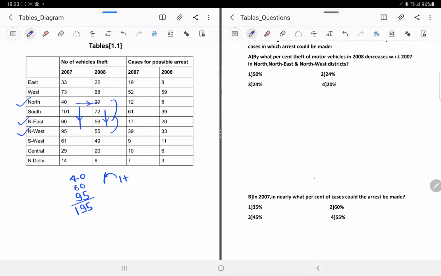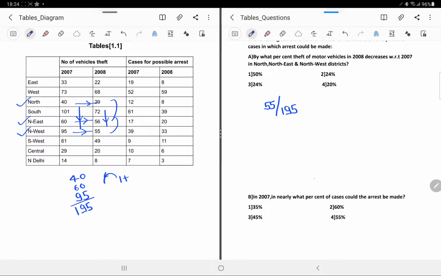So this is 11, and this is 11, this is 4, 15, and this is 40. 40 plus 4 is 44, and 44 plus 11 is 55. So we can also do it like this. So this would be 55 upon 195. This is the answer that we are looking for.